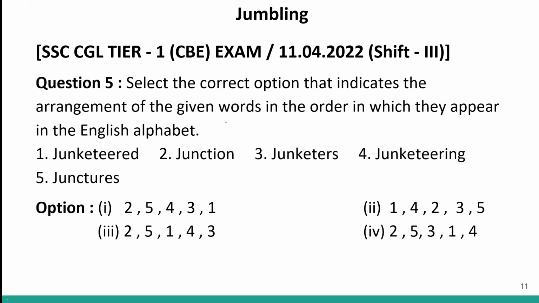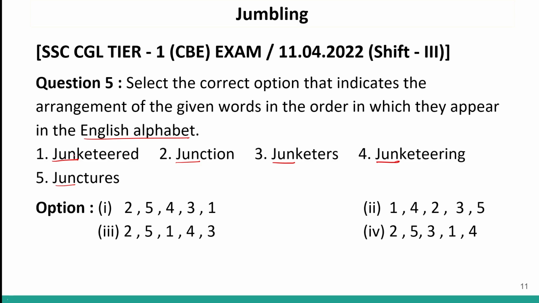Now, question number 5. We have to arrange them in English dictionary order. Now, junketeered, junction, junketeers, junketeering, and junctures. So I can see JUN is common in each word. So JUN, JUN, JUN, JUN, and JUN. So we'll look at the next letter.